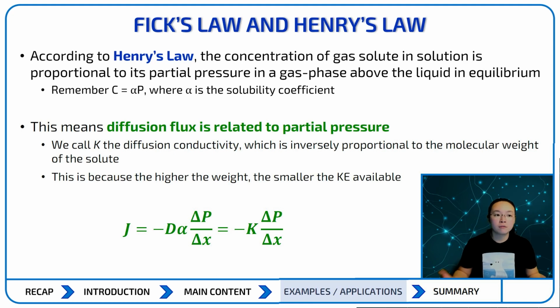So if you combine Fick's law and Henry's law together, you get a combined equation where you can say the flux or diffusion flux is equal to minus D, diffusion coefficient, multiplied by the solubility coefficient times delta P over delta X. If you want to simplify it even further, you can assume that K is equal to the diffusion conductivity, which is your diffusion and solubility terms multiplied by each other.